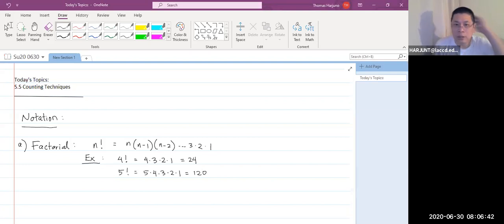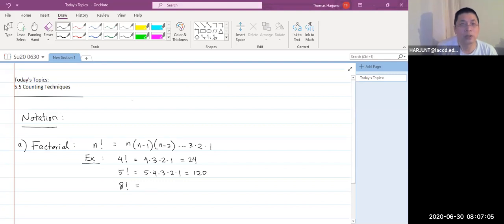Now the thing is, what happens if the number gets larger? Let's say we have 8 factorial. That's harder to compute, right?